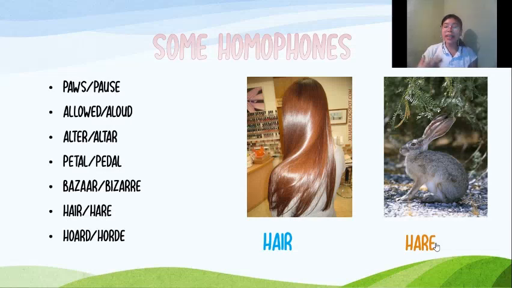Yes, they are written differently, but they sound the same. They have a very different meaning. This is hair, like on your head, and this is a hare, an animal, related to rabbits. So they are very different. They sound the same, but they have a different meaning.